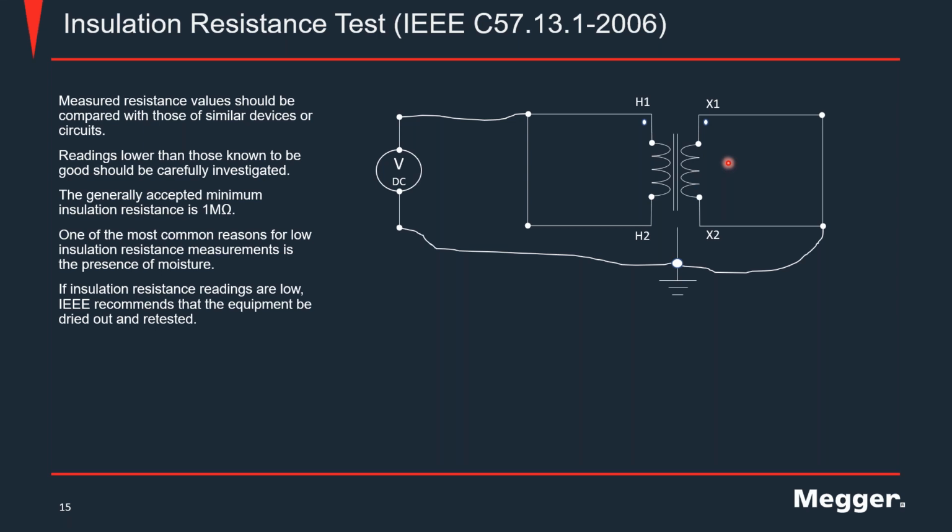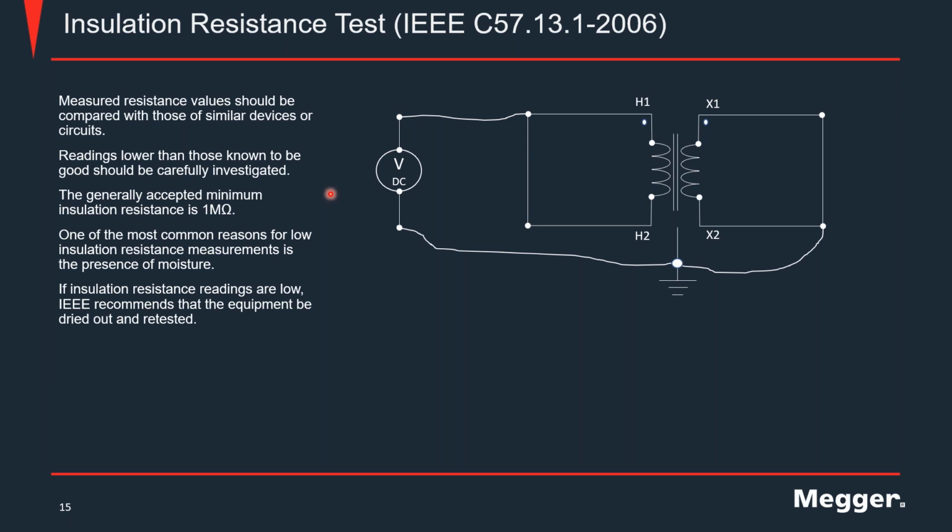Generally, the accepted minimum insulation resistance for one CT is 1 megaohm. Now, every utility out there has their own standards for how much is the minimum insulation resistance that you can accept. But whatever it is, you have to compare your results with that minimum and take decisions with that number in mind.